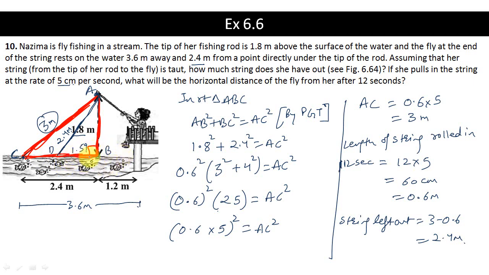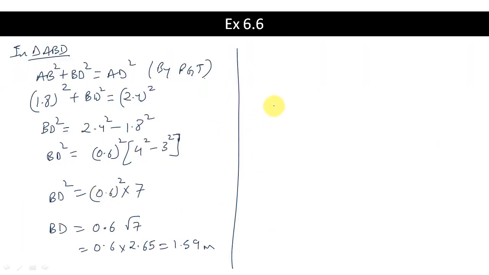So BD is 1.59, and from B till Nazima, horizontal distance is 1.2. And what I have to find is, what will be the horizontal distance of the fly from her. So I have to find the distance of D from Nazima. So it will be 1.59 plus 1.2.